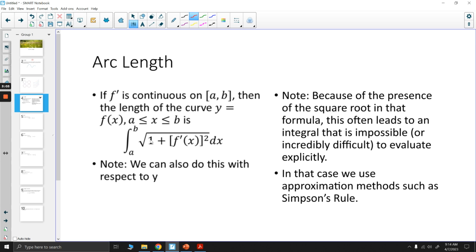But for us in class, we're going to pretty much be dealing with integrals we can integrate, unless there's some reason that we want to use Simpson's rule. But that's just kind of a construct of math class, because the reality is that these can be really nasty integrals very easily without proper thought put into the question.